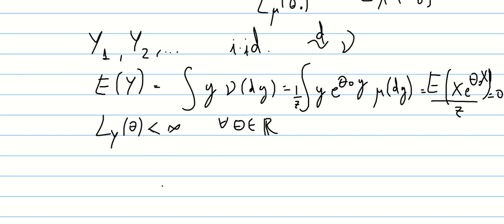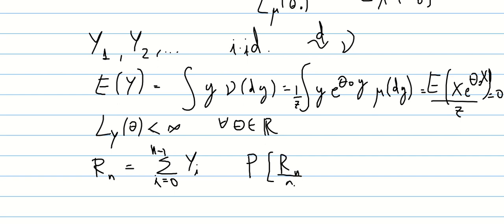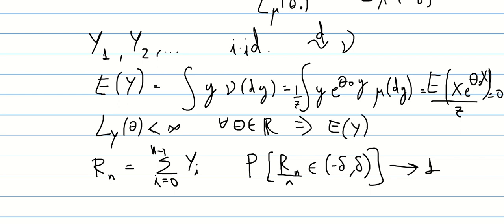So now we are very close to finishing. If we define Rn just like we defined Sn before, it's the sum of yi now, then we know that the probability that Rn over n belongs to minus delta delta goes to 1, because the expectation of y is finite.